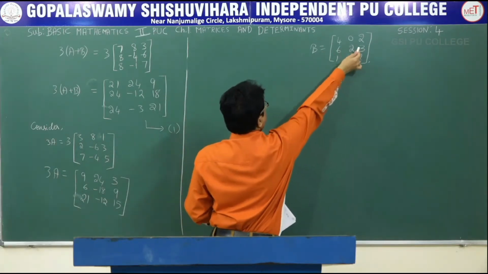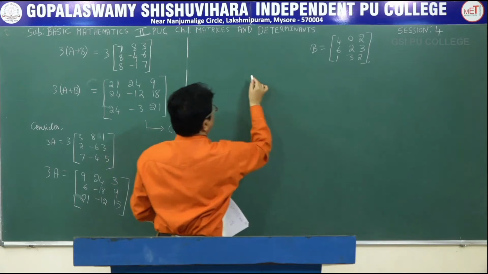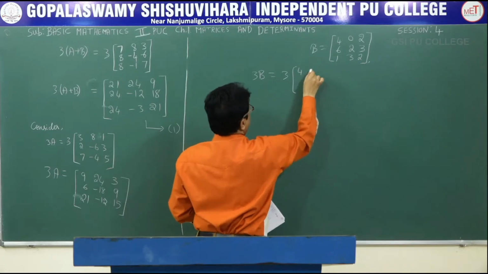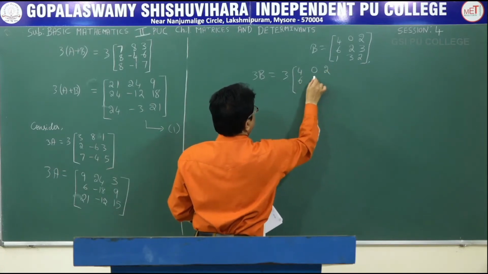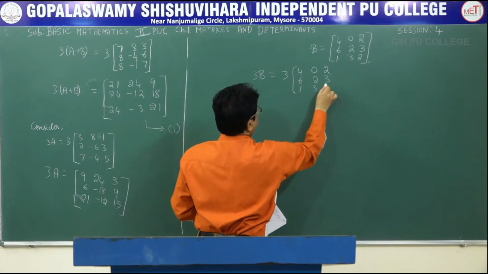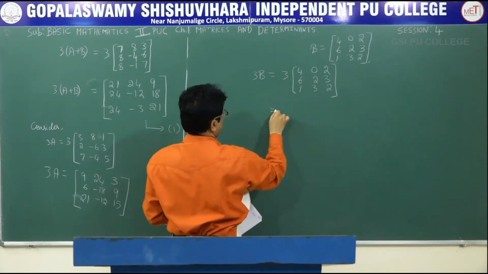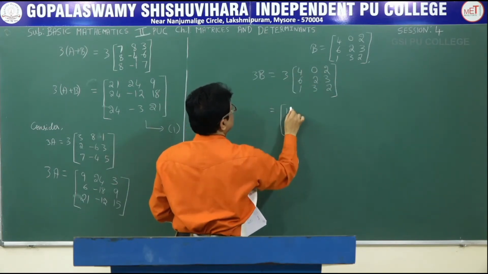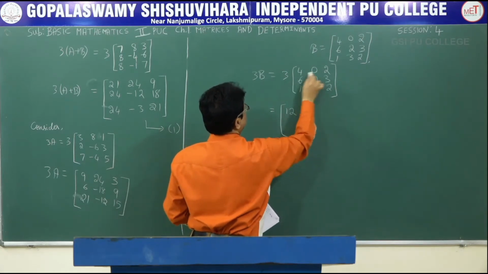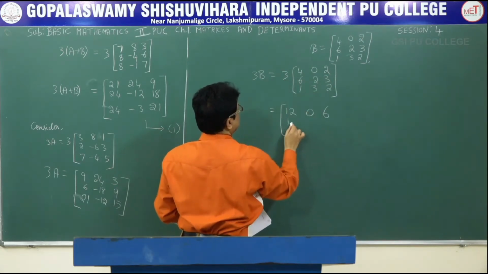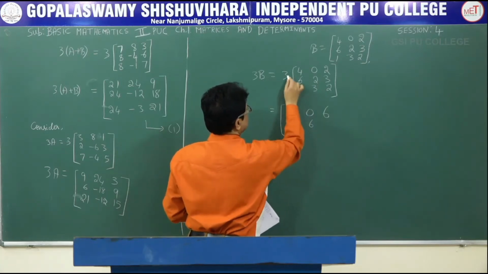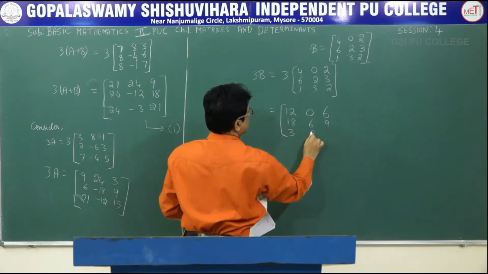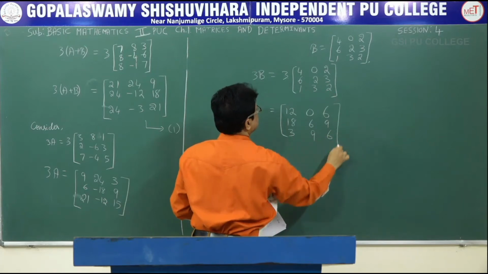We have B equals [4 0 2; 6 2 3; 1 3 2]. We find 3B, so we multiply every element of the matrix by 3. So 3 4s are 12, 3 zeros are 0, 3 2s are 6, 3 6s are 18, 3 2s are 6, 3 3s are 9, 3 1s are 3, 3 3s are 9, 3 2s are 6.